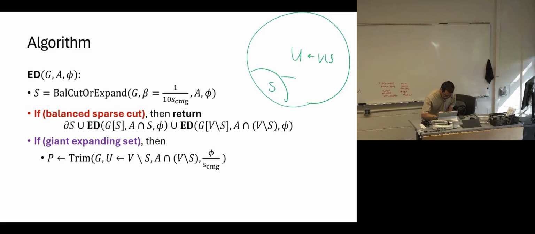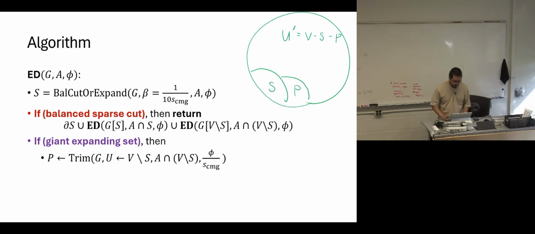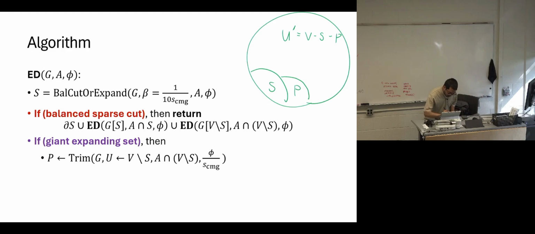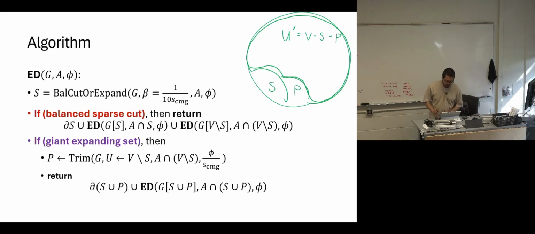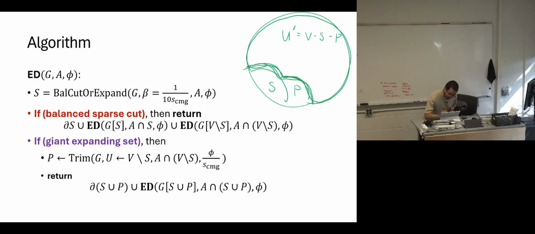We trim it and we get P. And this is then U prime, which is V minus S minus P. And this part is now expanding inside U prime. So we are done here in U prime. What we need to return is that we cut through this thing, and we recurse only in this small part.